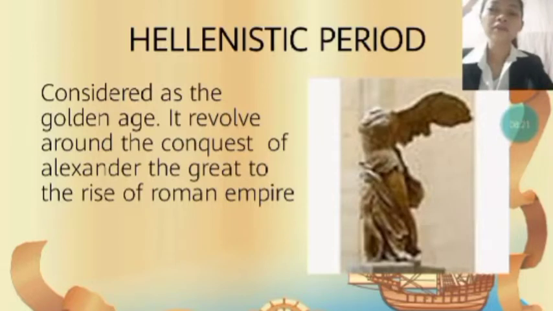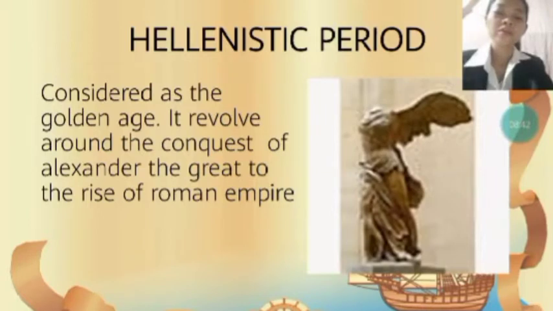After Alexander the Great died, his generals divided his conquered lands among themselves, and those fragments of the Alexandrian Empire became three powerful dynasties: the Seleucids of Syria and Persia, the Ptolemies of Egypt, and the Antigonids of Greece and Macedonia.